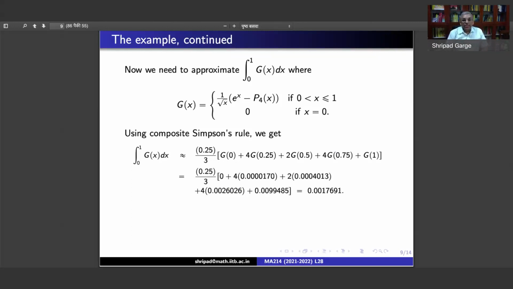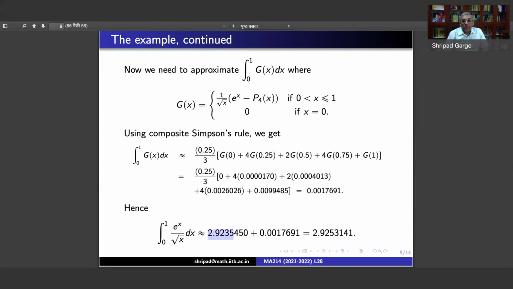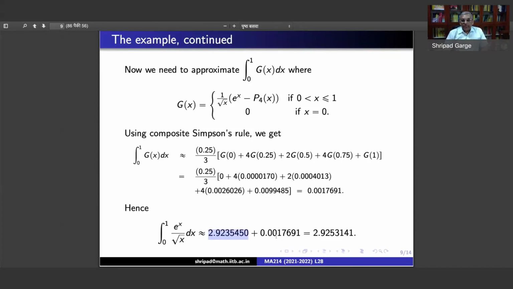So we add this to the other part, which you remember is 2.9292345. And then adding this part gives us the final integration value, which is 2.9253141. So we have computed this approximation to our improper integral, where the function has a singularity at the left endpoint A.